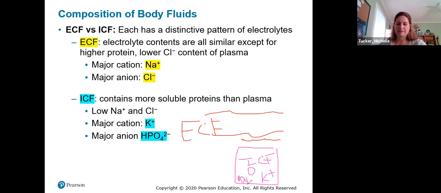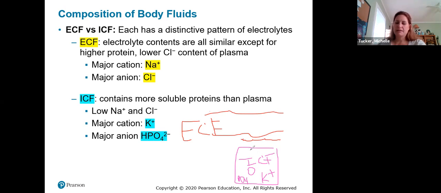Why is this true? For potassium, the reason is going to be that sodium potassium ATP pump. And then this has to do more with proteins. But that sodium potassium ATPase pump that is in every membrane and is always churning is going to establish the cation distribution.